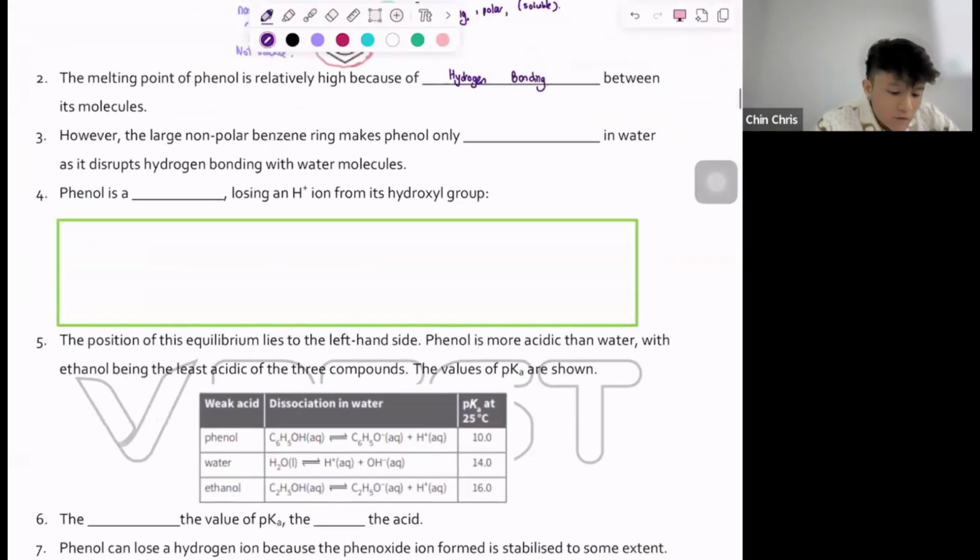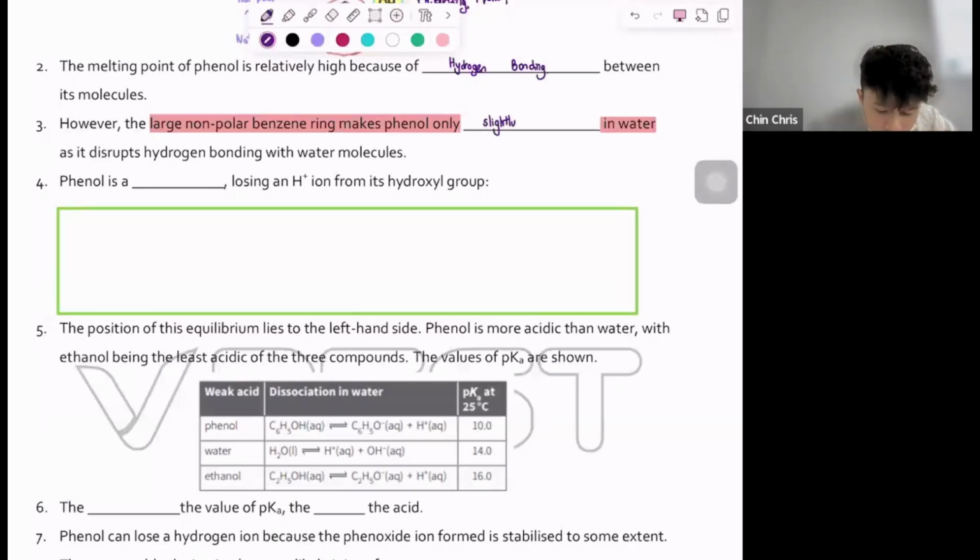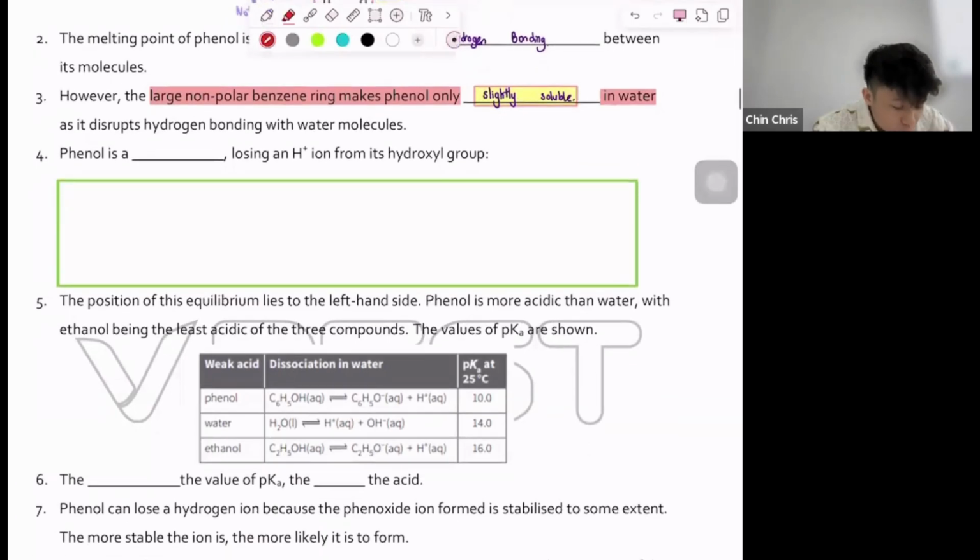However, the large non-polar benzene ring makes phenol only slightly soluble in water, as it disrupts the hydrogen bonding with water molecules.